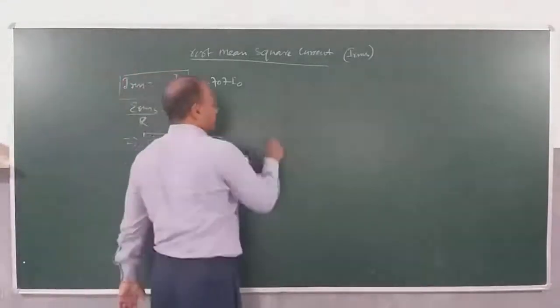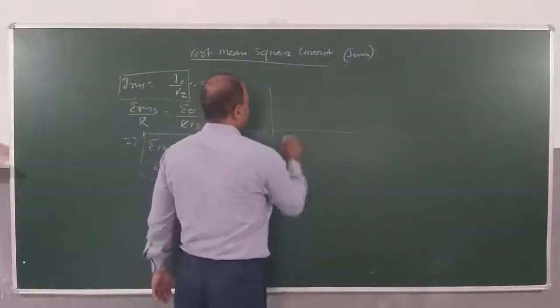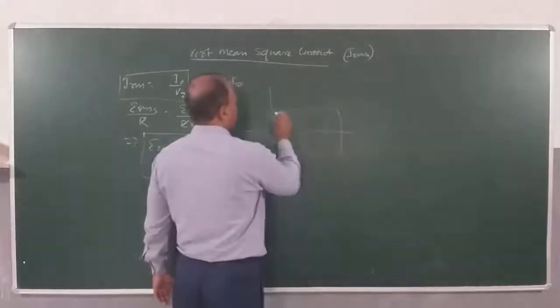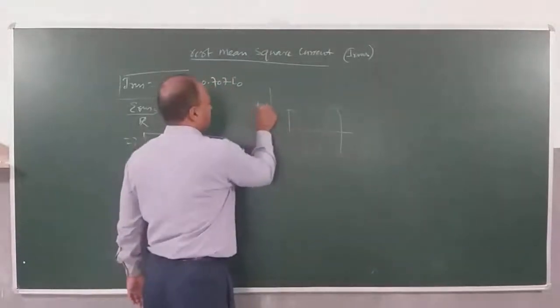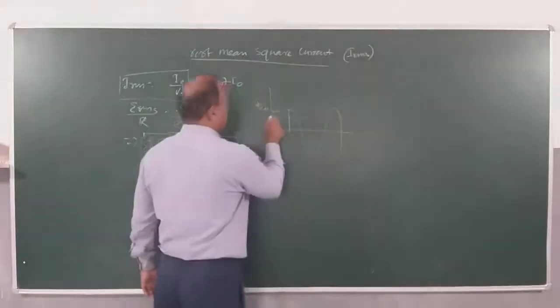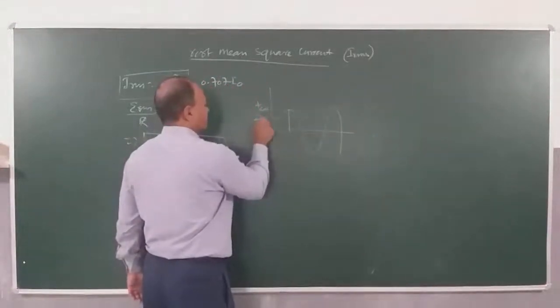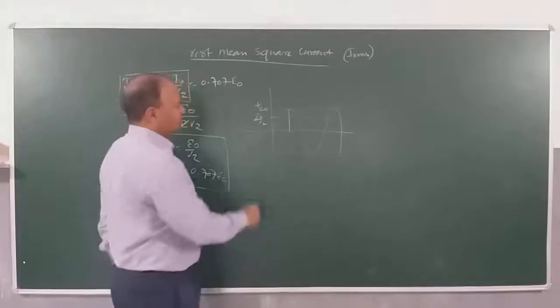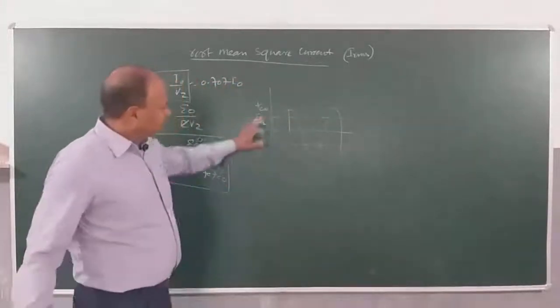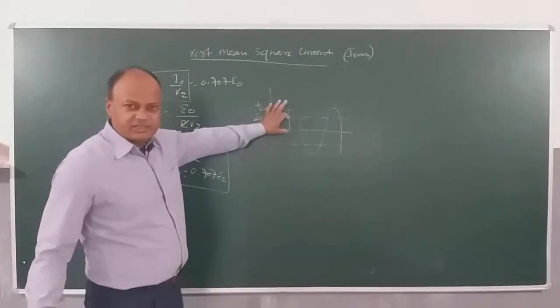If I show you graphically, see here, this is E naught, but I am going to use what? This as steady voltage. And how much is this? E naught by root 2. This much, which is nearly 70%, right?